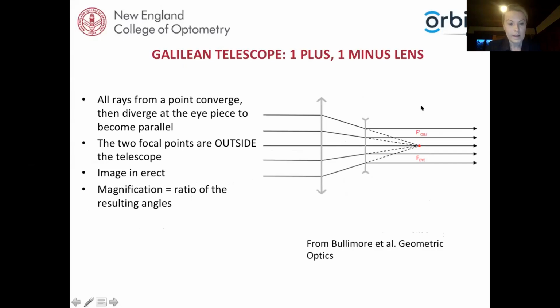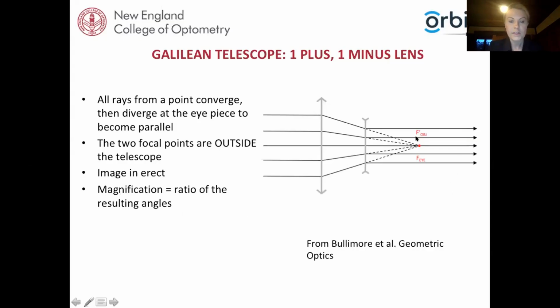If we now look at a Galilean system, this is a similar sort of concept. We have parallel rays entering the objective lens. That's a converging element. It converges those rays. This then becomes a virtual image for my ocular lens. And then parallel rays are out of the telescope.